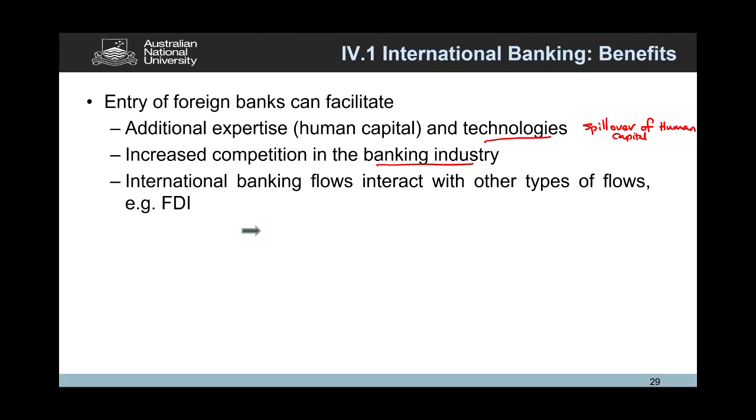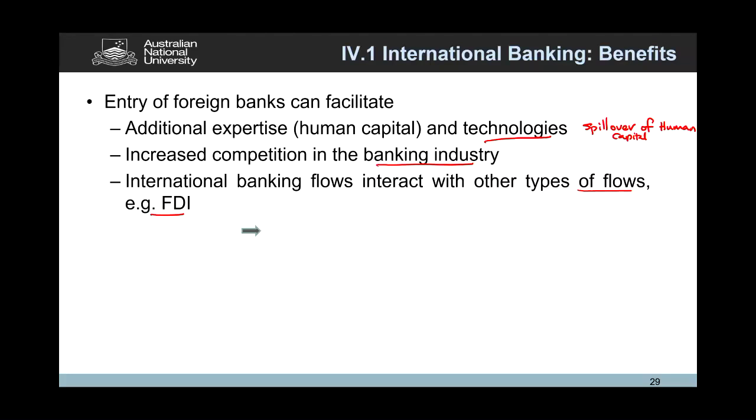And international banking flow will also be able to interact with other types of flows. They bring in foreign direct investments. If you have a sophisticated banking intermediary set up, then this is going to attract other types of capital inflow. And capital inflow is good for an economy because they allow this money to be invested in local positive NPV projects, right?